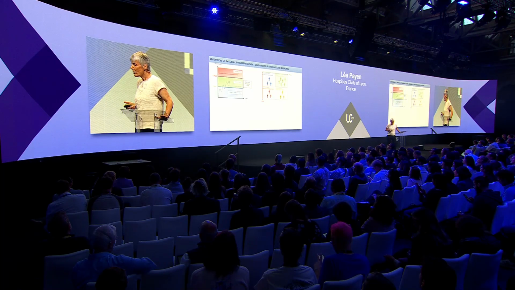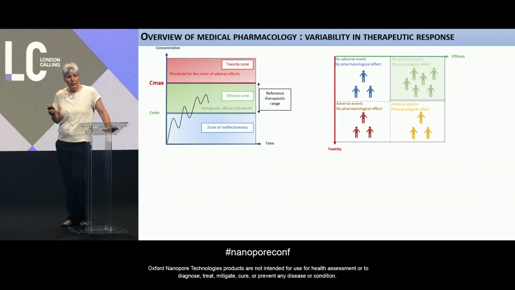It happens in some cases that we do not observe any efficacy and any adverse events. In this case, we have to determine the pharmacological mechanism involved to adjust the therapeutic. In other situations, we can observe some adverse events with pharmacological effect.